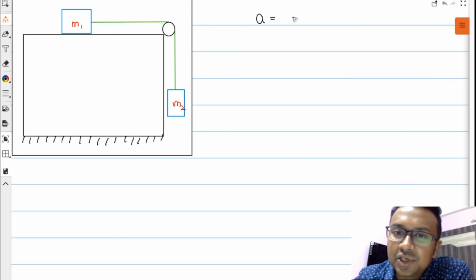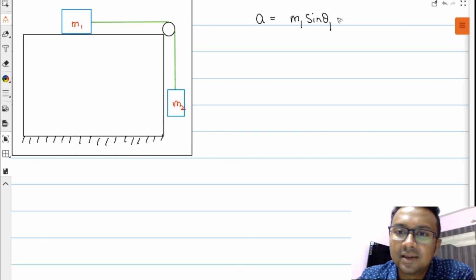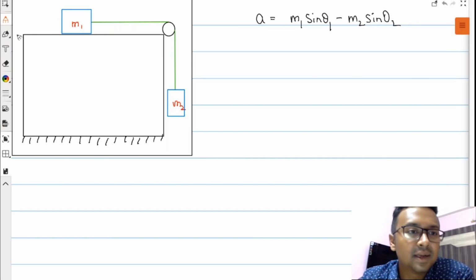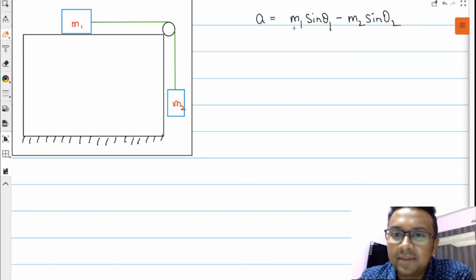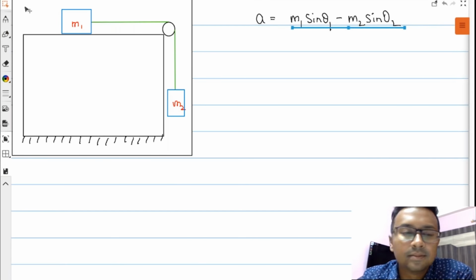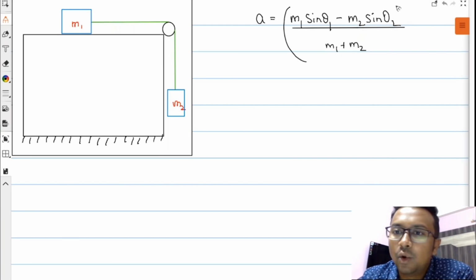A is equal to M1 sine theta1 minus M2 sine theta2, clear, divided by M1 plus M2, whole thing multiplied by G.